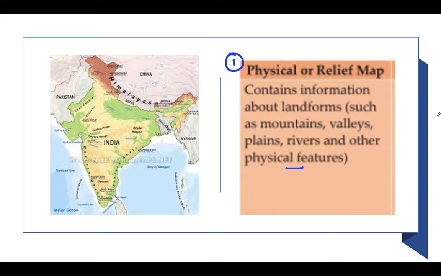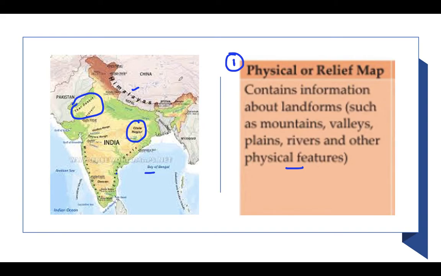In this physical map you can see it shows the Thar desert. In any map, if it shows landmasses like the Himalaya mountains, the Thar desert, the coastal Western Ghats or Eastern Ghats, the coastal area, the Chota Nagpur plateau, any landmass or landforms, it is called a physical or relief map.